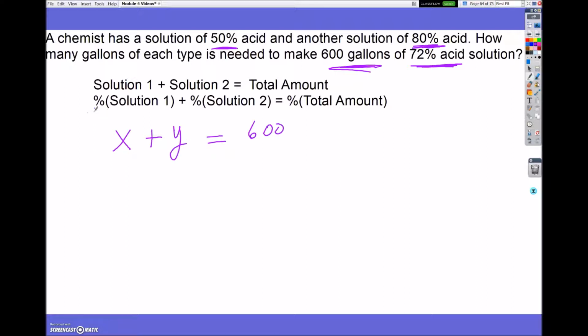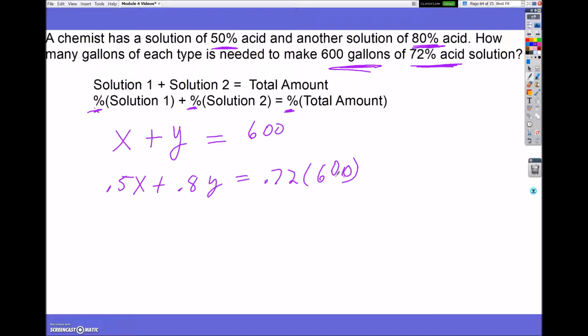The second one is I need to include the percents of each one. So this one would look like 0.5x plus 0.8y is equal to 0.72 times 600. So before I start deciding if I'm doing elimination or substitution, I want to turn this into this bottom one. I want to get rid of all the decimals.